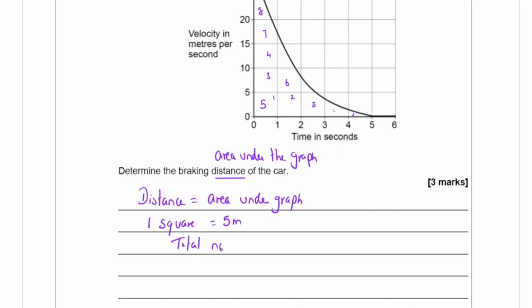Total number of squares equals 9. So total braking distance is 9 times 5, that's 45 meters.